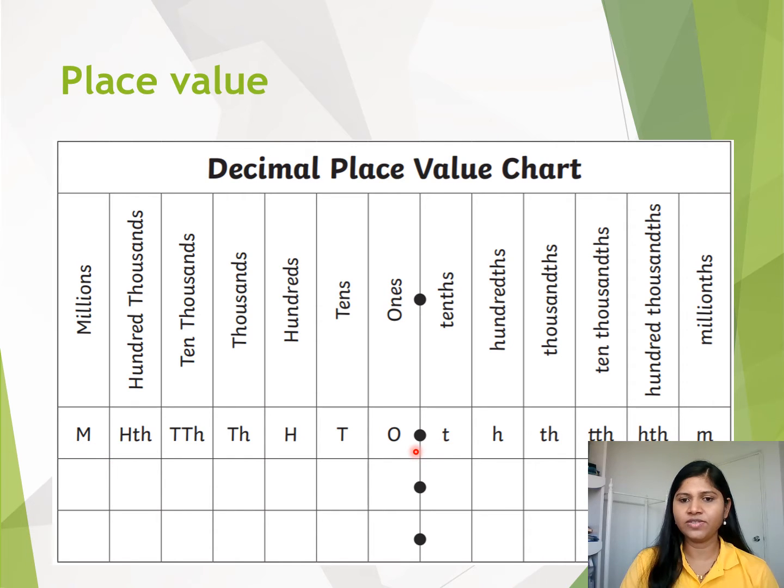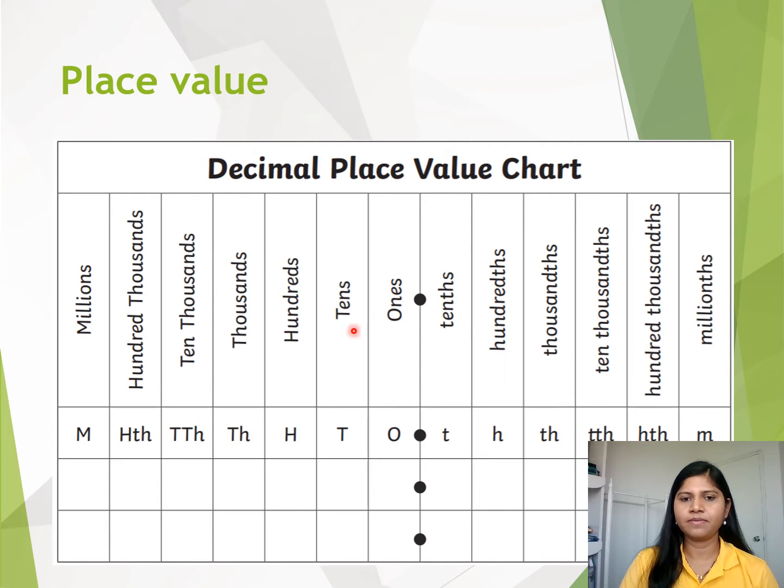And coming to the decimal digits, those are to the right side of the decimal point. The first place value is tenths, the second is hundredths, the third is thousandths, the fourth is 10,000ths, the fifth is 100,000ths, and the sixth is millionths.